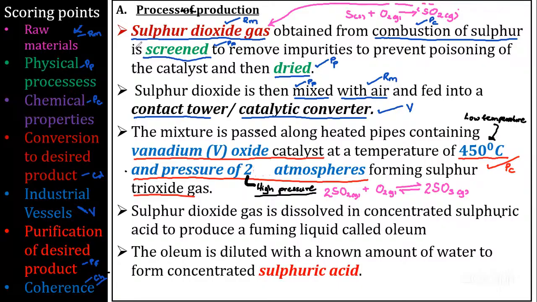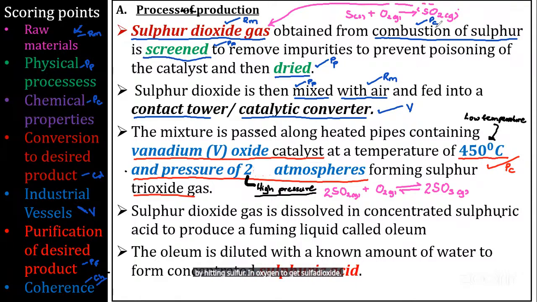Somebody says I was a bit late from the start. May I get to know? We've begun with the manufacture of sulfuric acid, which we called the contact process. Our main raw material has been sulfur dioxide, which we make by heating sulfur in oxygen to get sulfur dioxide.